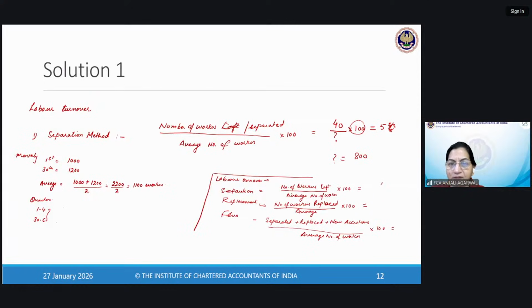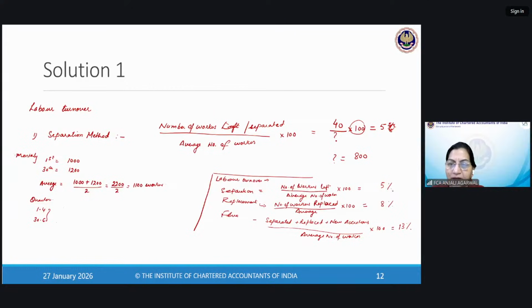So in this question, this was 5%, this was 8%, and this is 13%. Obviously, when you do the calculation, you will only write 5, 8, and 13. If you write the percentage, you will end up getting different answers. That's wrong.